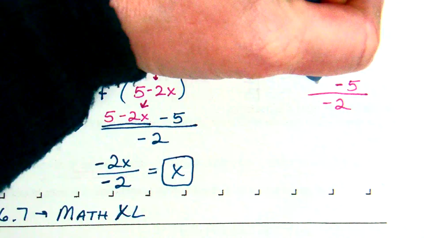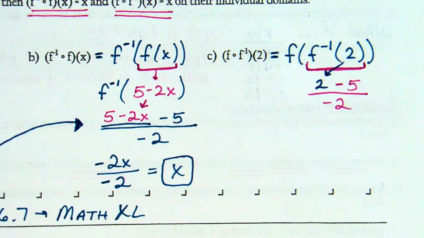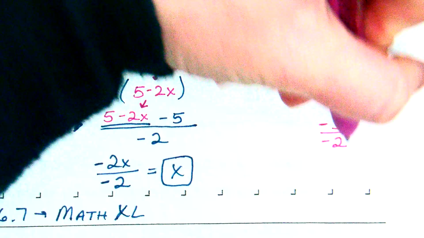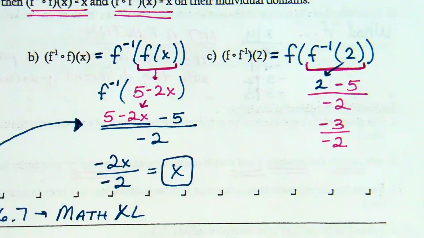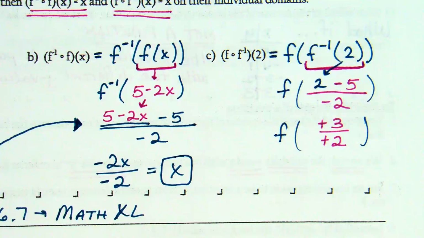What do I still have to do outside? We still have to do f of 3/2. What was my f function? 5 minus 2 times x. What do I use for x now? Three halves. So 5 minus 2 times 3/2. Yes, it's a fraction, but I promise it works out nice.